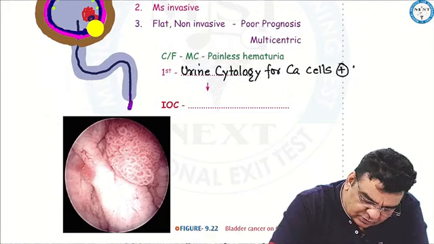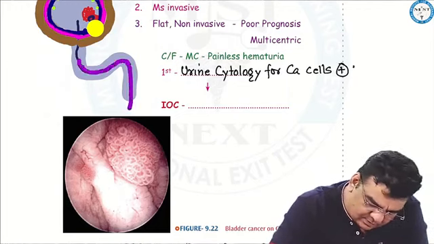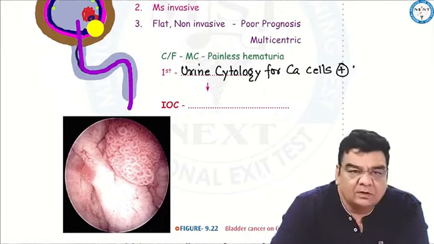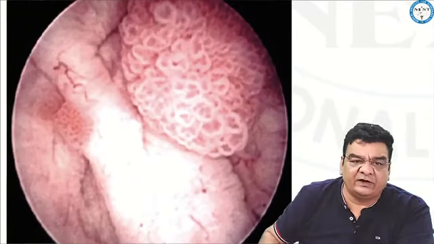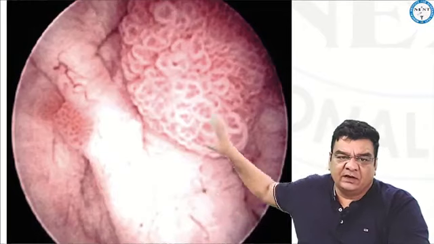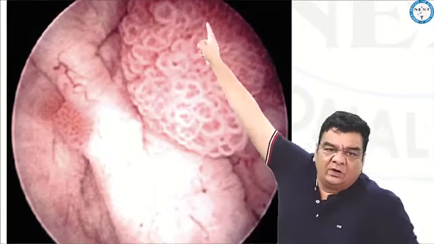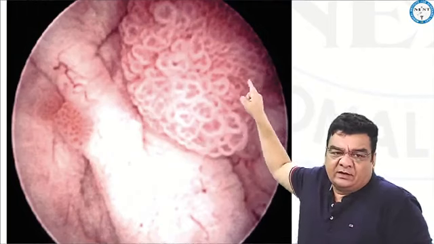You pass this endoscope, and when you do the endoscopy or cystoscopy, you can find something like this. Now what you're seeing is a normal bladder mucosa, but here can you see something growing? All this that you're seeing is actually a tumor from the bladder.